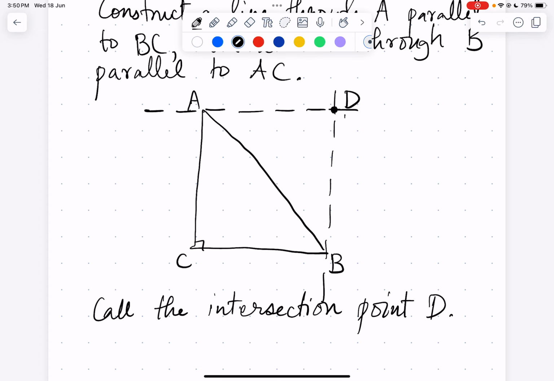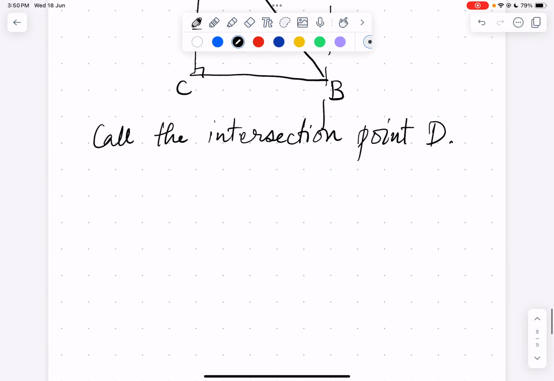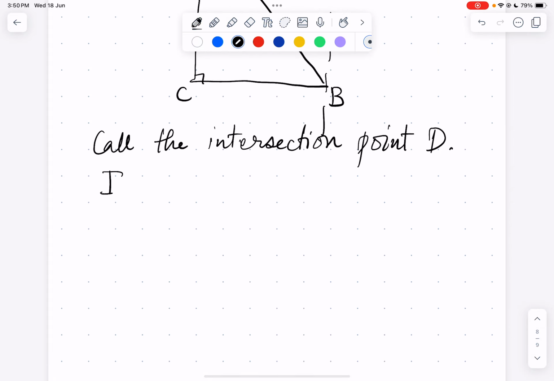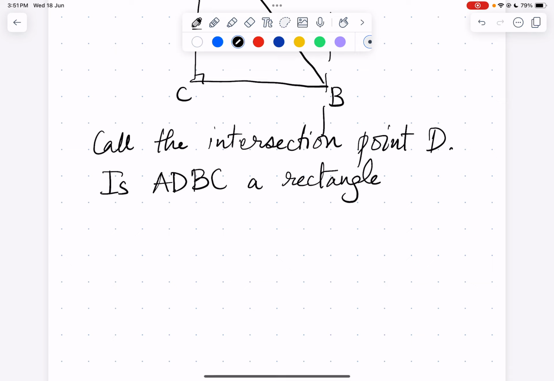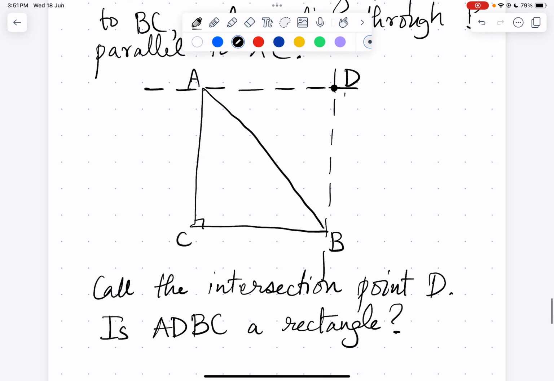Right. So we can ask, is ADBC a rectangle? Intuitively, it seems like it should be a rectangle. We have to prove that. So let's see.